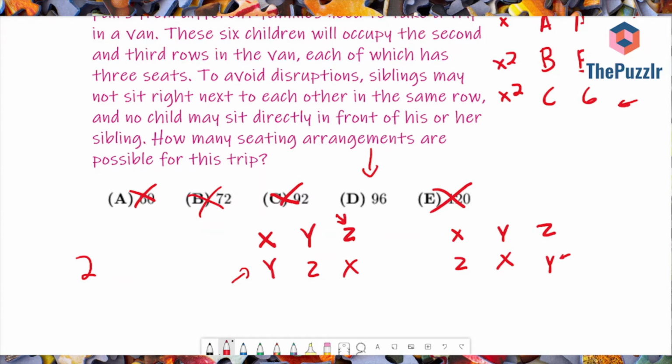And there's 3 ways to pick what goes for X, 2 ways to pick what goes for Y, and 1 way to pick what goes for Z, like which sibling pair, A, B, or C. So that's what the times 6 was about. I hope that makes sense, but if it doesn't, please feel free to ask in the chat. So we have 2 times 6, and then we also have to multiply by 8. So 2 times 6 times 8, and like we suspected, 48 is the correct answer.